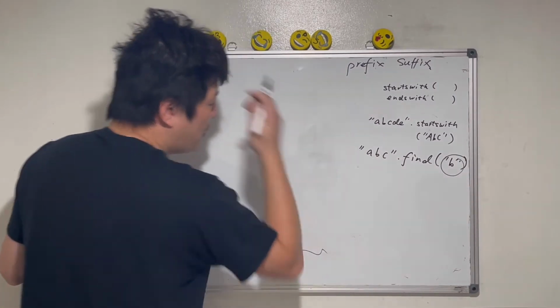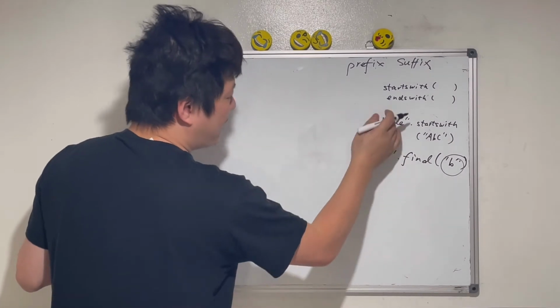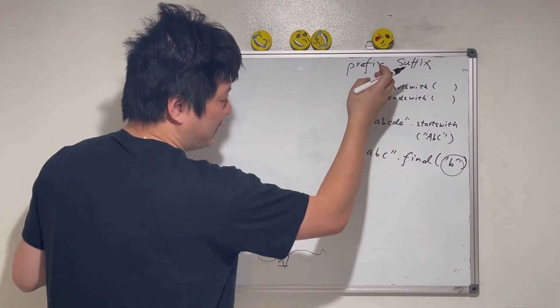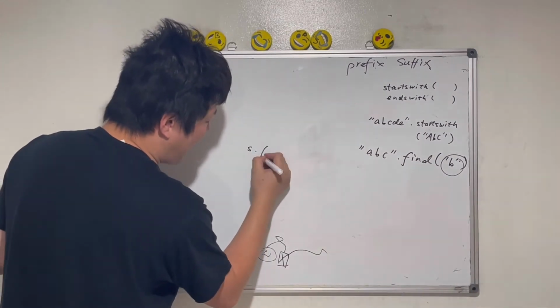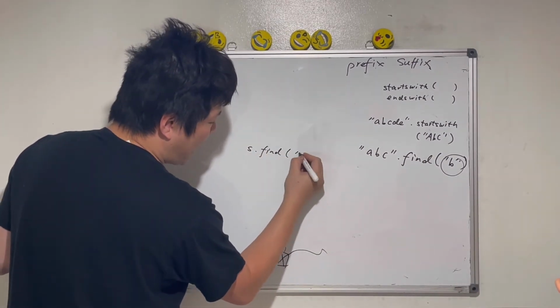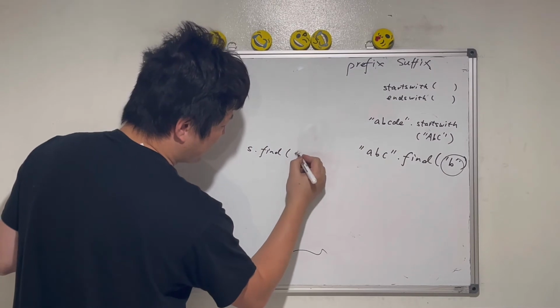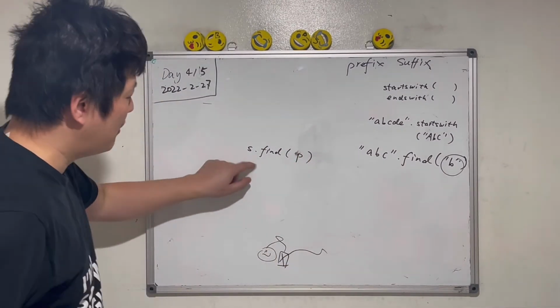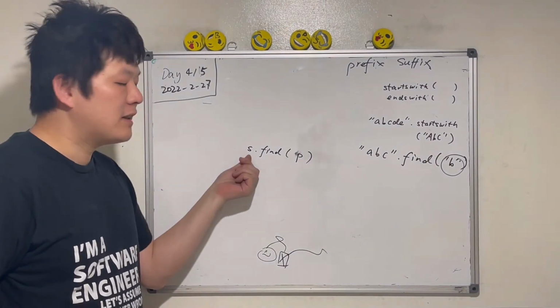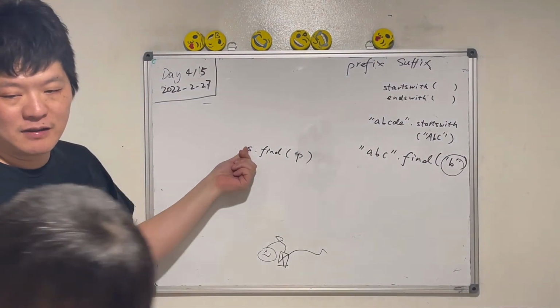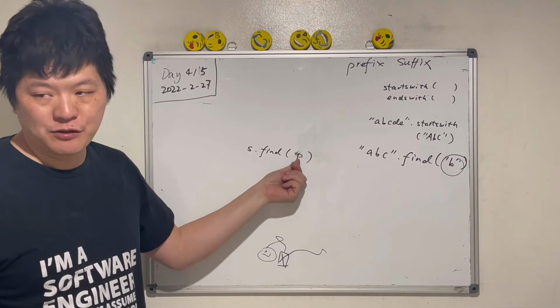So how does this help in finding if it's a prefix? With string.find(P), we are trying to find the first occurrence of substring P in S.